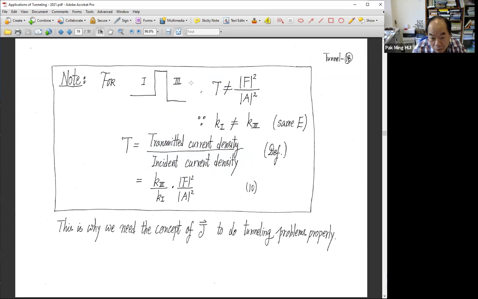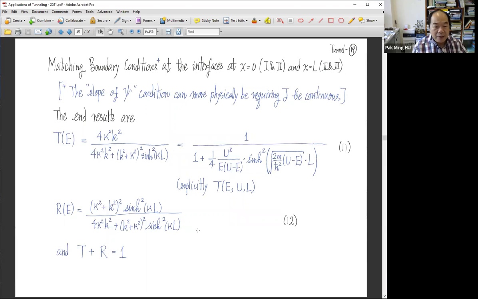But on the third region, you will have to pick up the velocity, the momentum, okay? That is the K. So you need the K in the third region over the K in the first region, okay? So the point is that I want to remind you, it is the concept of J that is closely related to the tunneling problem.